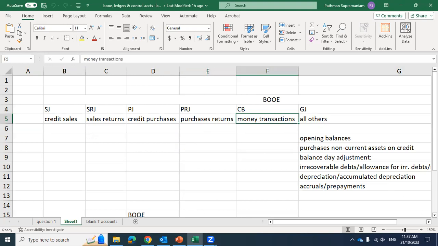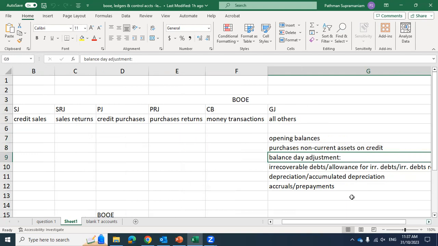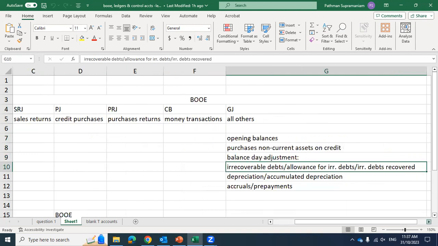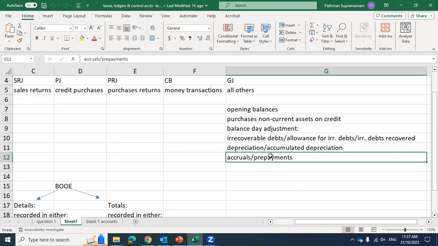Examples of what you need to record in the general journal are opening balances, purchases of non-current assets on credit, all forms of balance day adjustments, irrecoverable debts, allowance for irrecoverable debts, irrecoverable debt recovered, depreciation, accumulated depreciation, accruals and prepayments.